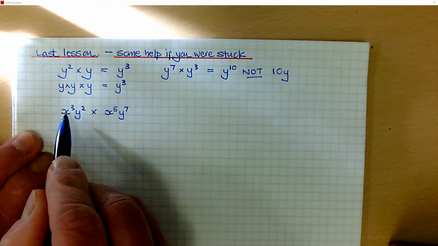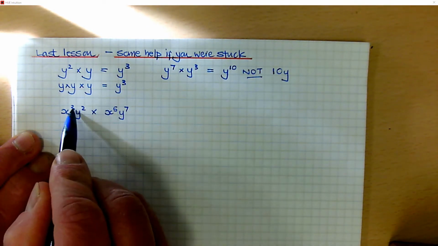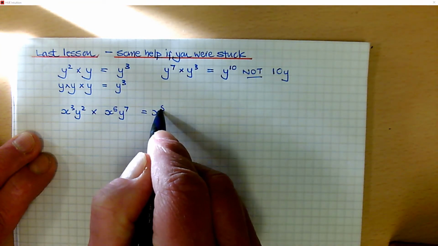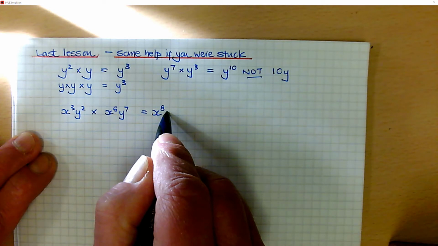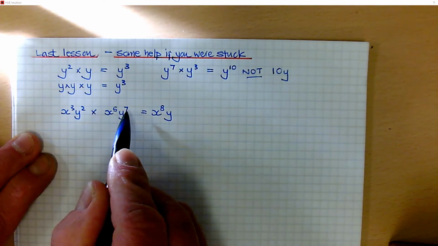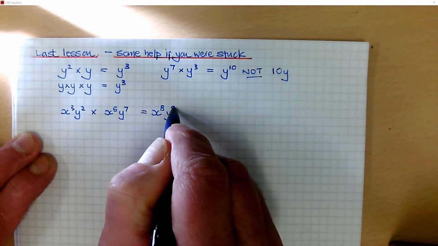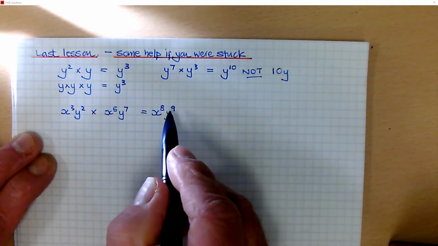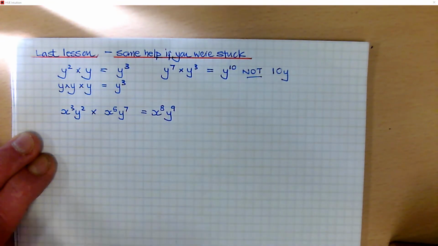What about the x's? 3 plus 5 is 8, x to the power of 8. Multiplied by y to the power of, what will that be? 2 plus 7 is 9. So if you have two letters, just keep them separate. Never add these together, because these are x's and these are y's. They don't mix, they don't go together.